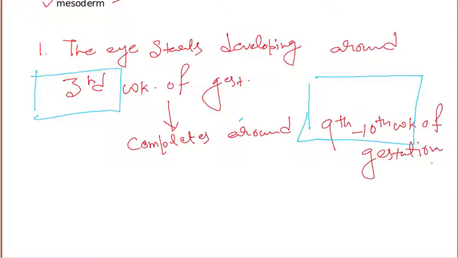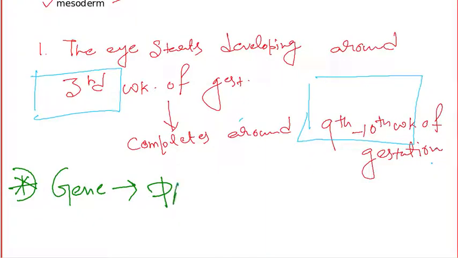Okay, so next is a very important point about the genetic origin of the eye structures. A very important gene which is responsible for the development of the eye is the PAX6 gene.